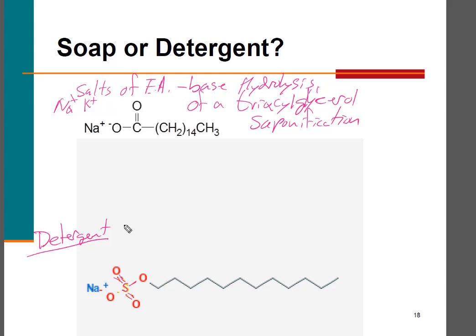This goes by the name of sodium lauryl sulfate. It is the sodium salt of a sulfate. The lauryl means there's 12 carbons. Another name for this is sodium dodecyl sulfate. Dodecyl also means 12.